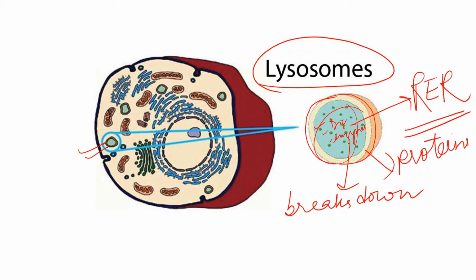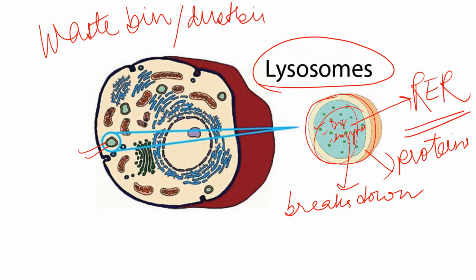And also these lysosomes are called the suicide bags. First we know that this is the waste bin or dust bin, fine. And why are they also called the suicide bags?